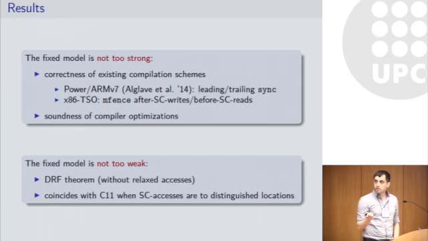And the other observation is that our weaker model coincides with C11 if you have programs that do not mix SC accesses and non-SC accesses. So, positively, if the SC accesses are to distinguished locations, you never have SC and acquire to the same location, and if you keep insisting on this kind of paradigm, then our model coincides with the existing model.